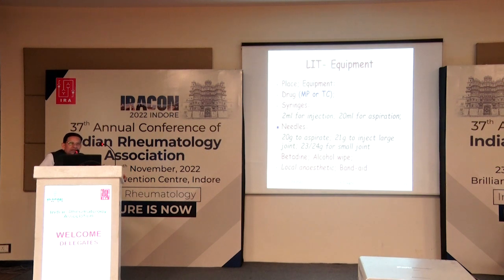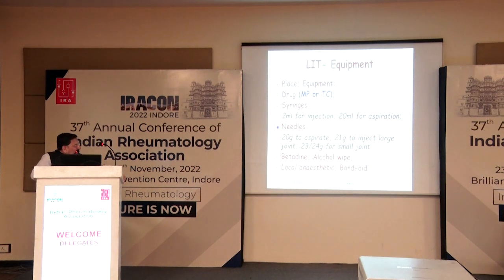Some might suggest 18, but then that becomes a little painful when one is actually injecting it. 21G to inject large joints, so this would be yellow, this is green color, and 23 and 24 gauge needles for injecting smaller joints like the wrist or even the MCP or PIP joints.